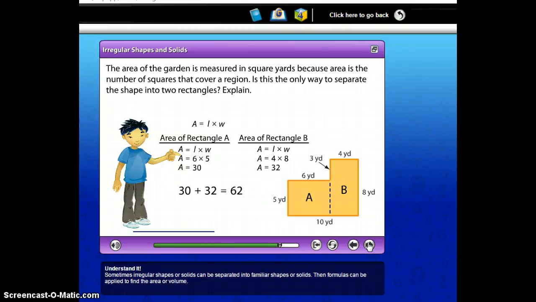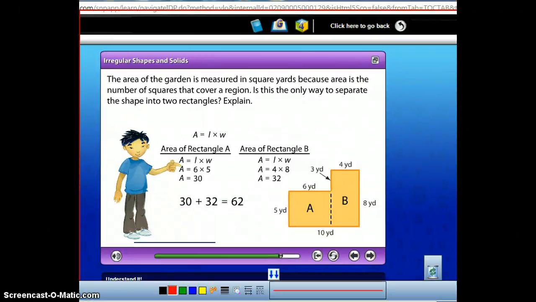Explain. We already talked about that because I wasn't sure if they would say that or not. So that's why I said it earlier on. But again, when it says square yards, our unit is yards. Because this is flat, 2D, if we had a square that was 1 yard by 1 yard, there would be 62 of them that would fit into this space.